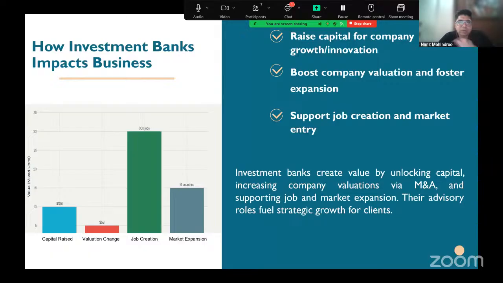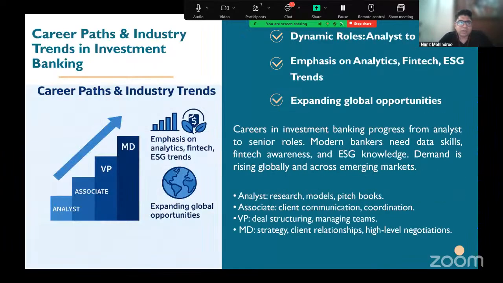Now the critical part is the career paths and industry trends in investment banking. First of all, there are dynamic roles in it, going from analyst to managing director. As you can see, there are four roles mentioned here. The analyst role is research, modeling, and pitch books.